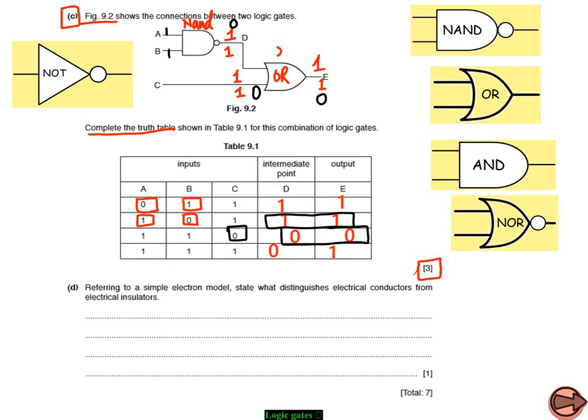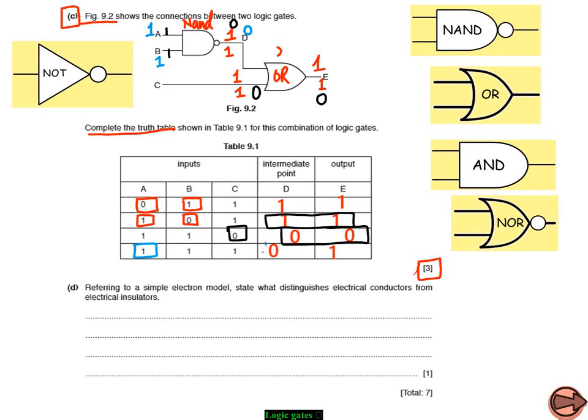Now, we have the last one. So let's try to answer the last one. When A is equal to 1, meaning this input is 1, and input B is also 1, what will be the output? Because this is a NAND gate. If it was an AND gate, the output would be 1, but this is a NAND gate, so the output has to be 0.